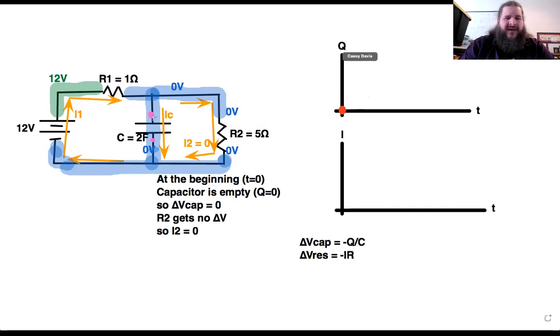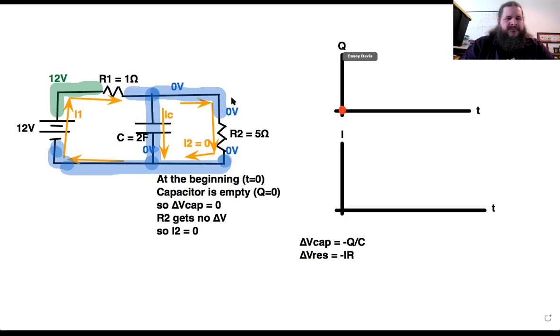So those two points have to be at the same voltage as long as the capacitor is empty. Which means if we're calling the voltage on one side 0 volts, the voltage on the other side of the capacitor is also 0 volts. So this entire region is a 0 volt region also.